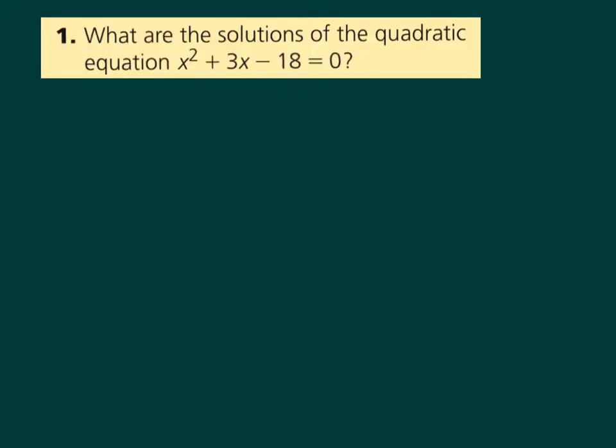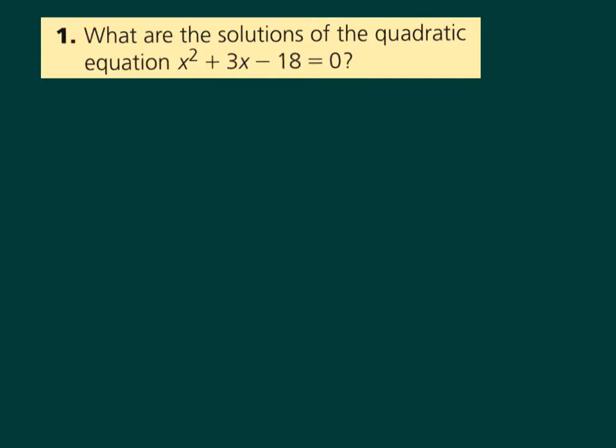What are the solutions of the quadratic equation x squared plus 3x minus 18 equals 0? So we said solving a quadratic, finding the solutions is when it's set equal to 0. This one is. So this one should factor nicely. We're going to solve this one by factoring.